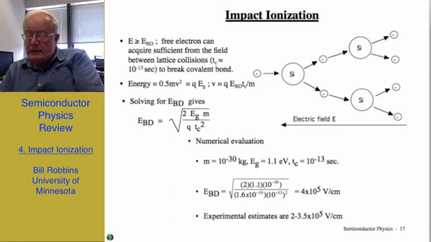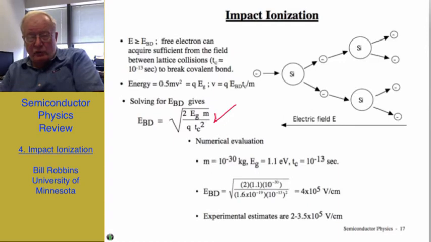Well, the velocity that the electron acquires in the time t sub c between collisions is given by Q times the breakdown field strength times the average time between collisions divided by the mass. So setting the kinetic energy equal, in this case, to the energy required to break a covalent bond, which is in joules equal to Q times the energy gap, and solving for the value of the electric field required to do that, we obtain this expression.